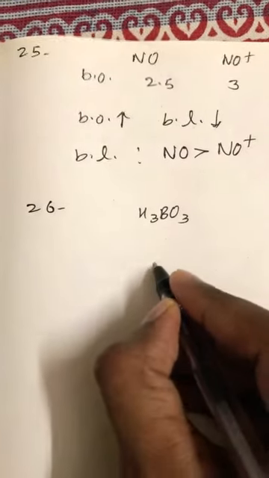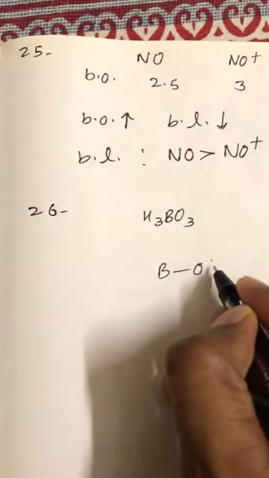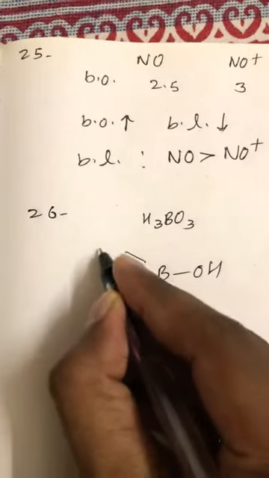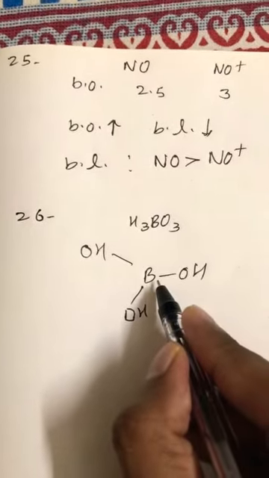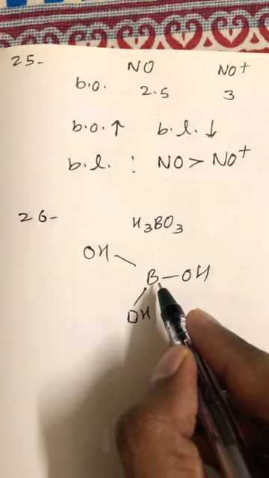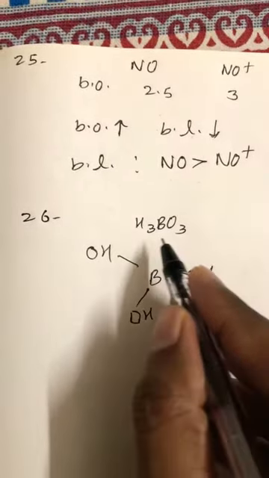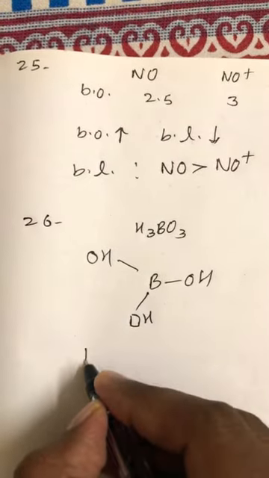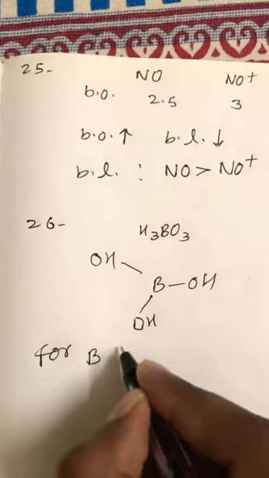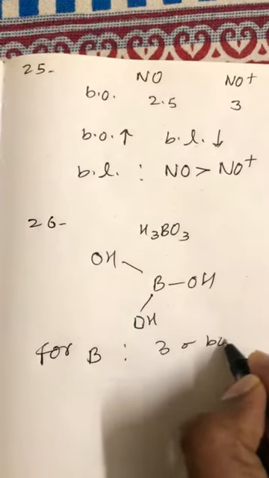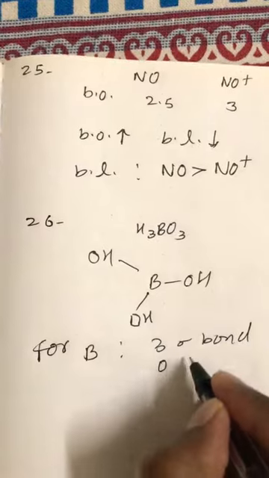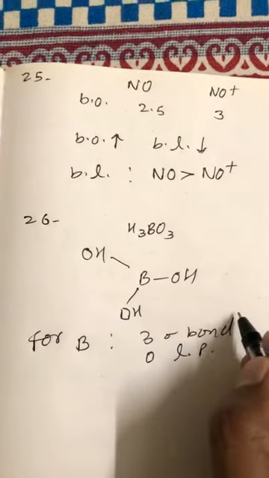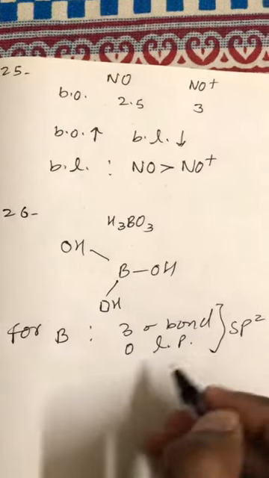H3BO3 or boric acid has this structure. Boron has 3 valence electrons. All 3 are used to form sigma bonds. That's why for boron we have 3 sigma bonds and 0 lone pairs. So 3 hybrid orbitals, or we can say it is sp2 hybridized.